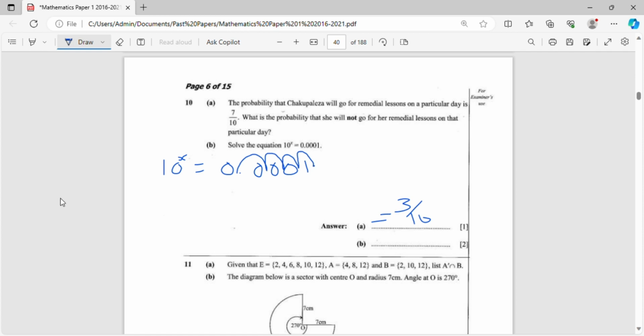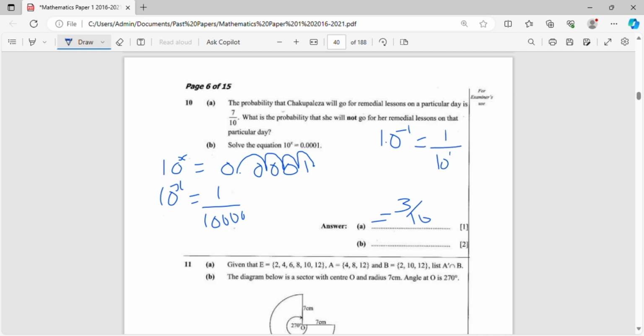So when it moves 4 steps, it will be 10 to the power x is equal to 1 over 10,000. Now we remember that when something is, for example, 10 to the power negative 1, to get rid of the negative power it becomes the same as 1 over 10 to the power 1.